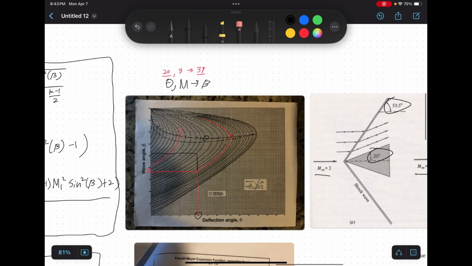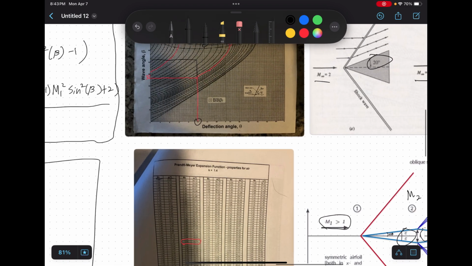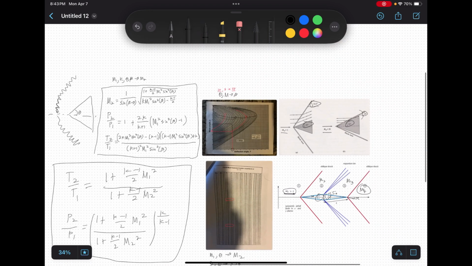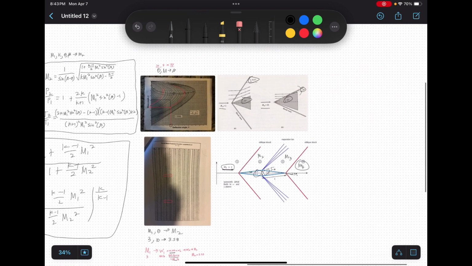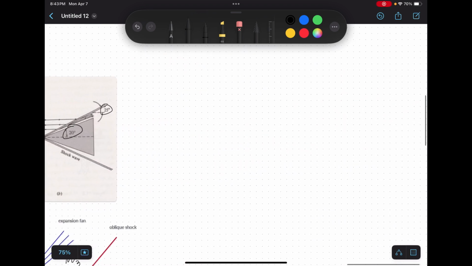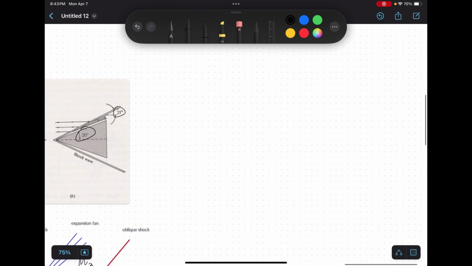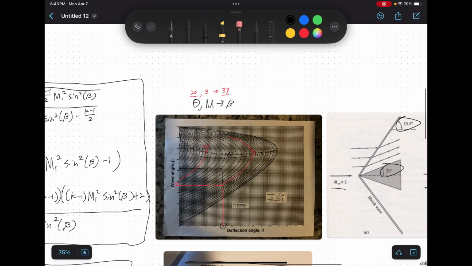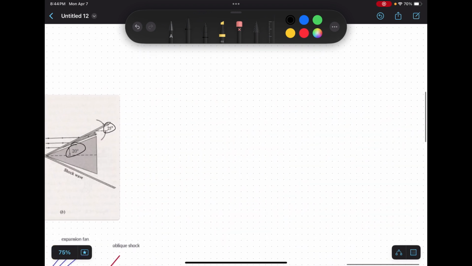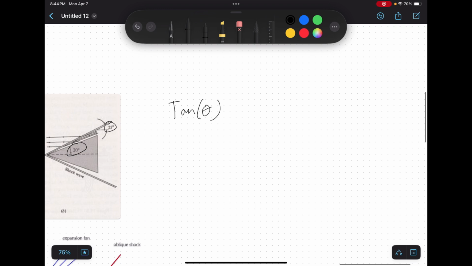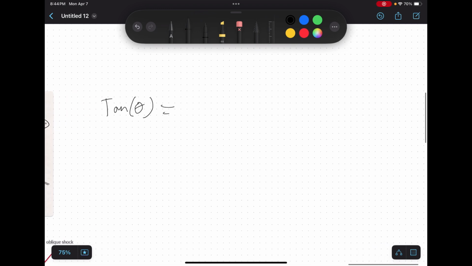Instead of using these tables, there are equations, but they really suck. Like really suck. So I'm going to draw them over here so no one ever has to look at them. So for this one, we knew theta, we knew the Mach number, trying to get beta. Unfortunately, the equation looks like this.